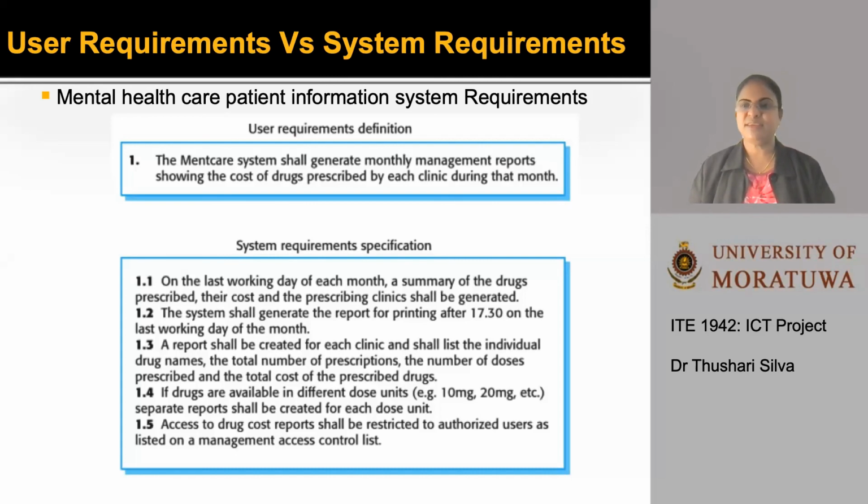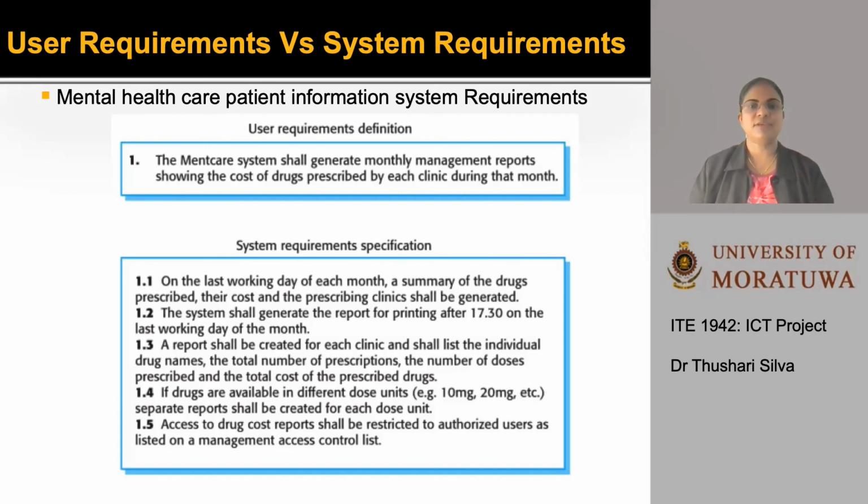In the previous case, the user just mentioned that they want to generate a monthly report and need this sort of information there. But now when we come to the system requirement specification and the functional requirement specifically, you do have to say how we generate that information in these reports.